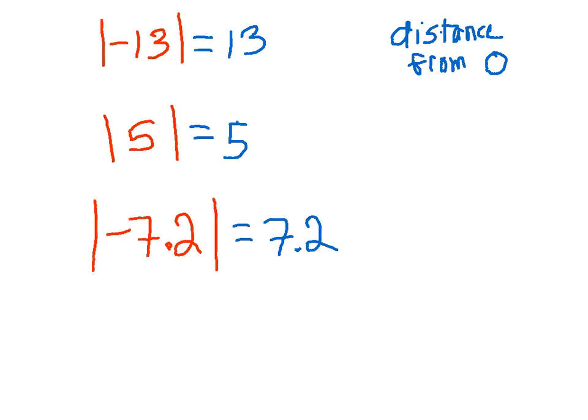So this is one important part of absolute value. When you take the absolute value of a number, you're asking how far it is from 0. What we're about to see next is what happens when you take the absolute value of a variable and you know what that is equal to. And that is a key difference here.